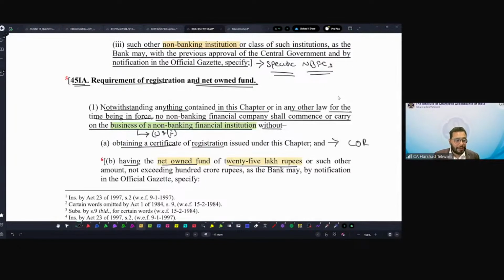Now focus on this particular part: or such other amount which is not exceeding 100 crores, whichever is higher amount.